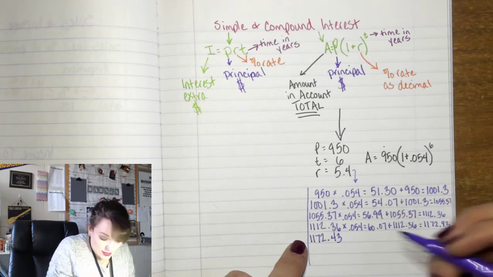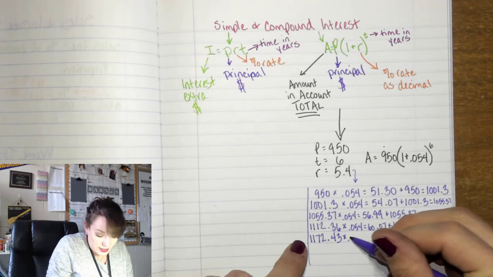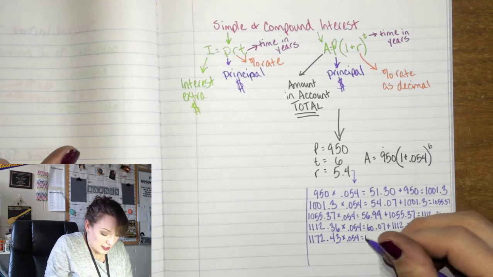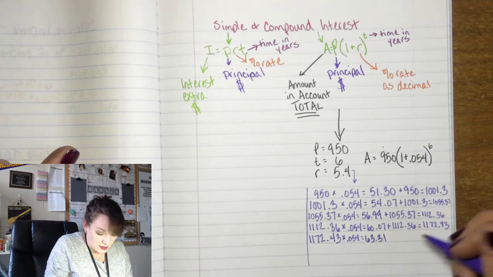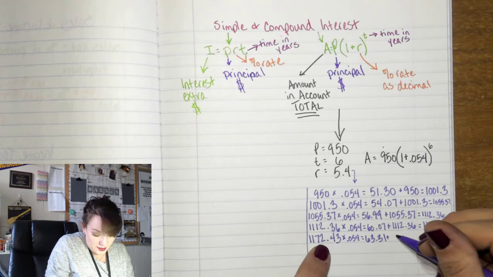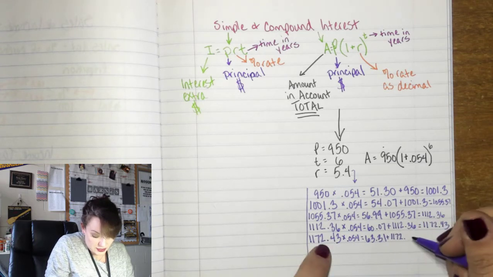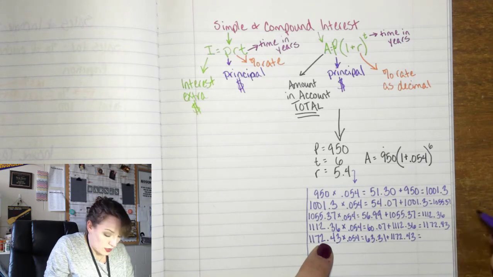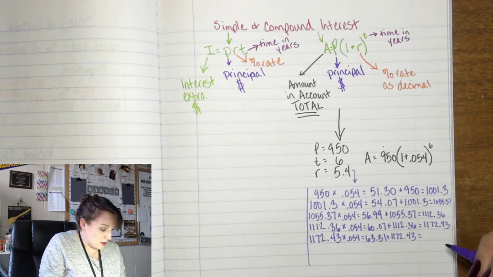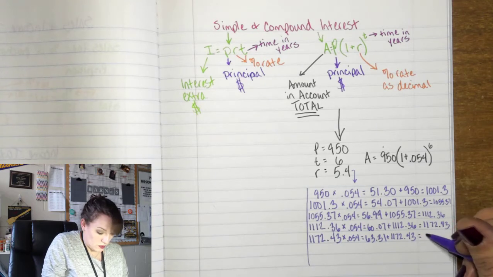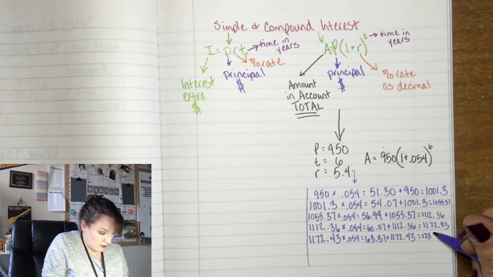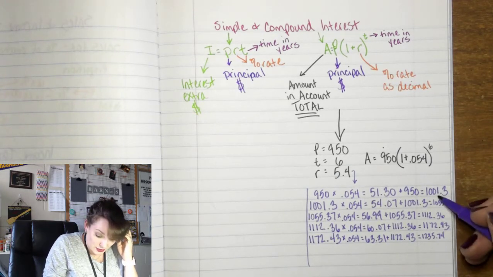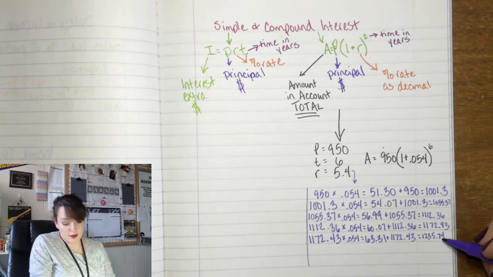Almost there. Year 5, I get to start the year with $1172.43. I earn 0.054% interest, which comes out to $63.31. I add that back to this total, and I end up with 1235.74. So that's year 1, 2, 3, 4, that's year 5, at the end of year 5.